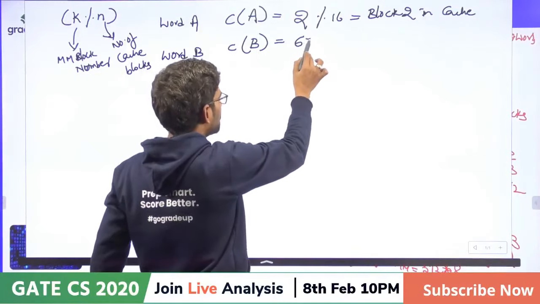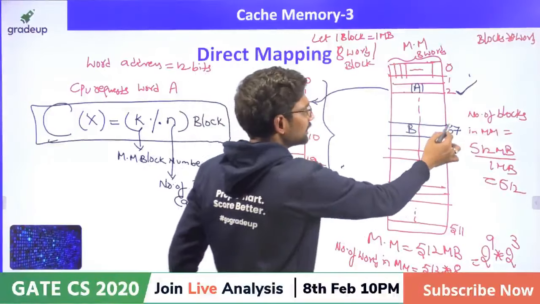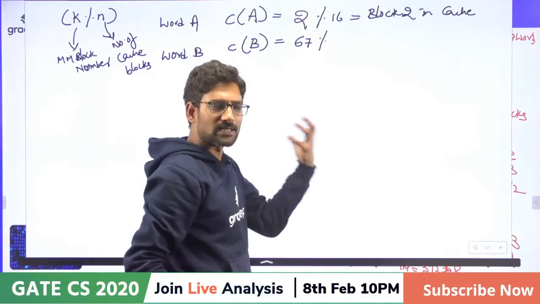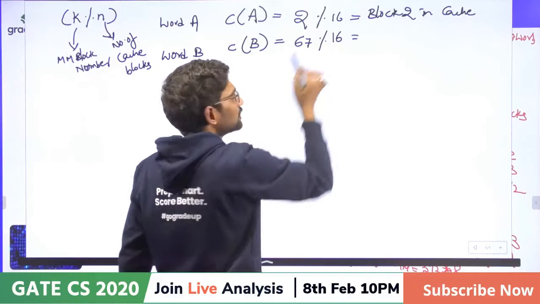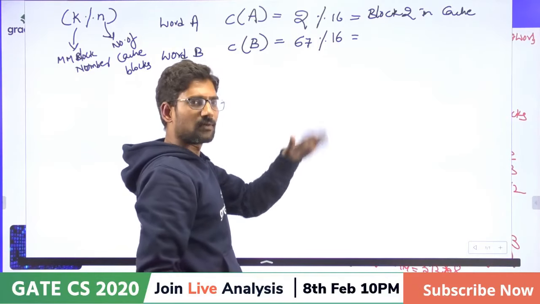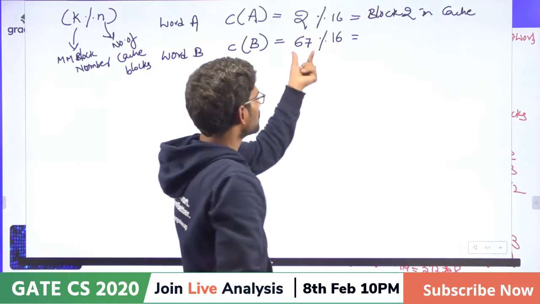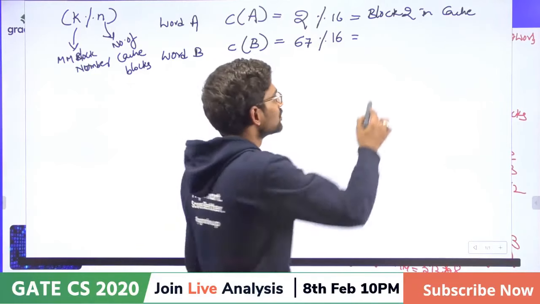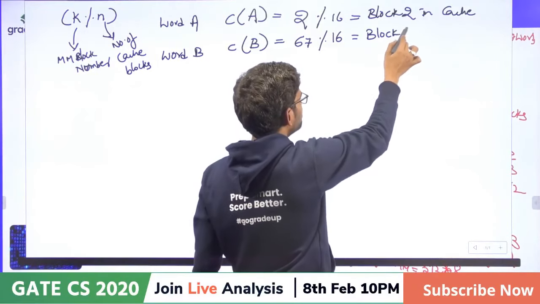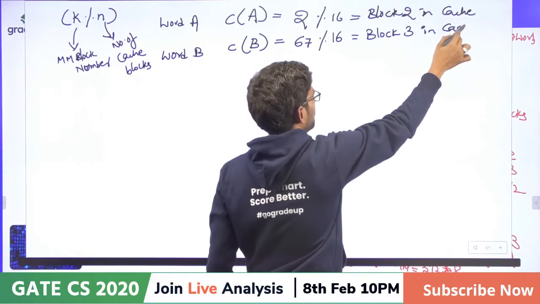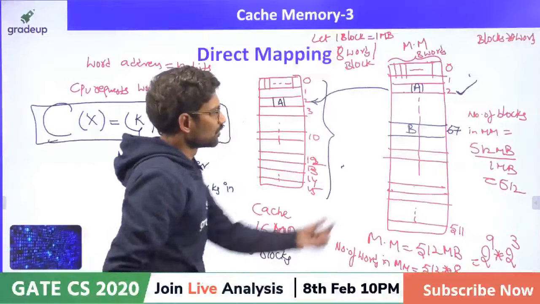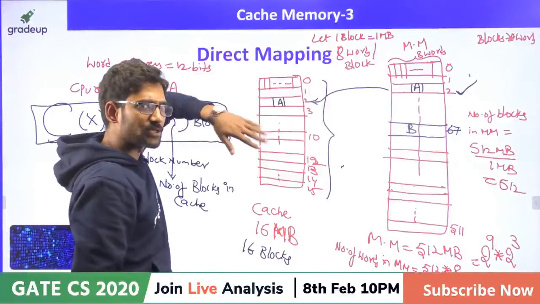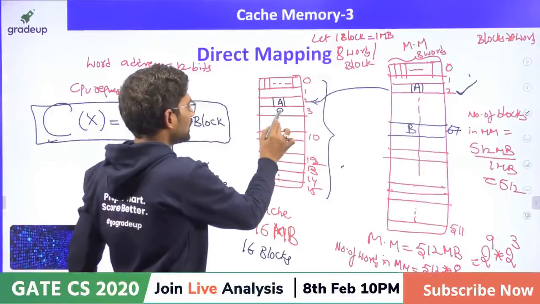B's main memory block number 67 modulus the number of blocks in cache, 16. For our cache it is 16; for another cache it would be different. So what is 67 modulus 16? The remainder is 3. So B, which is in block 67, when copied to cache, goes to block 3 here.